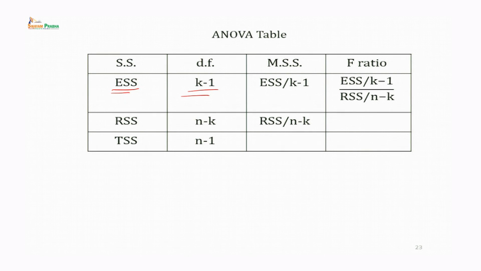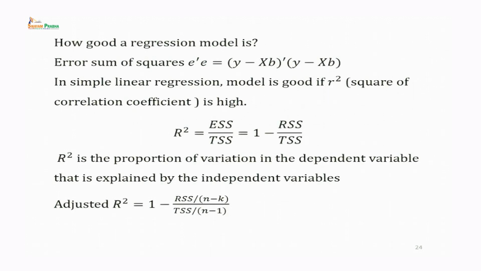Now, to check how good your regression model is, you may take error sum of squares as one of the measures. In linear regression, a measure of goodness is R square. Here we have capital R square, which is equal to explained sum of square divided by total sum of square. So, this is a measure of goodness of fit of the model.